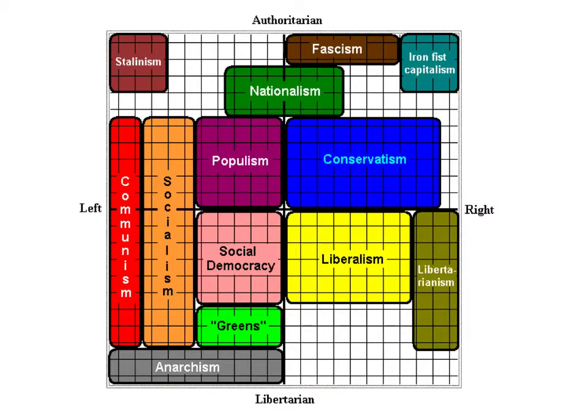Above them, you have the populists, which is not necessarily a very broad group in the U.S., but you could think of, say, Hugo Chavez, former leader of Venezuela. He was authoritarian in that he was only semi-democratic.